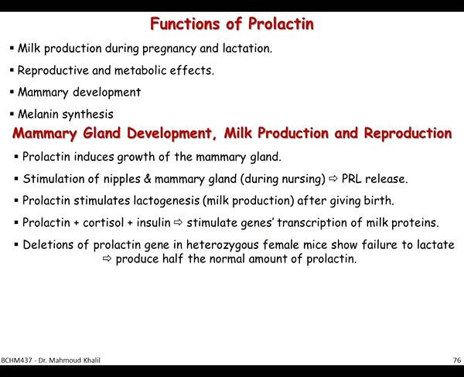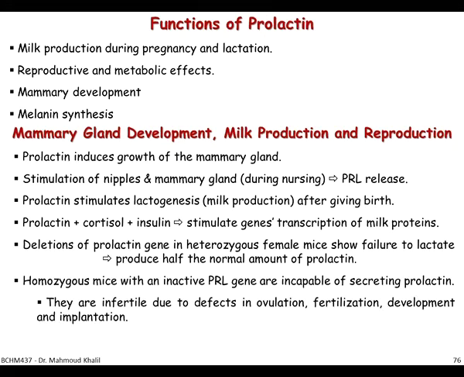The scientists have found that if there is a deletion or a mutation in the prolactin gene in heterozygous female mice, they show failure to lactate and will actually produce half the normal amount of prolactin. So to have the normal amount of prolactin, normally you need to have the 2 copies of the gene, not only 1 copy.